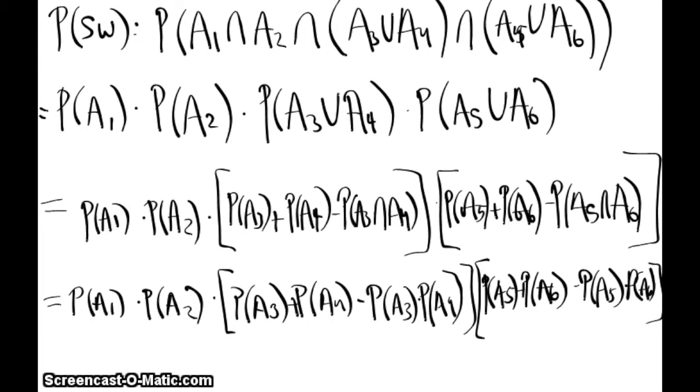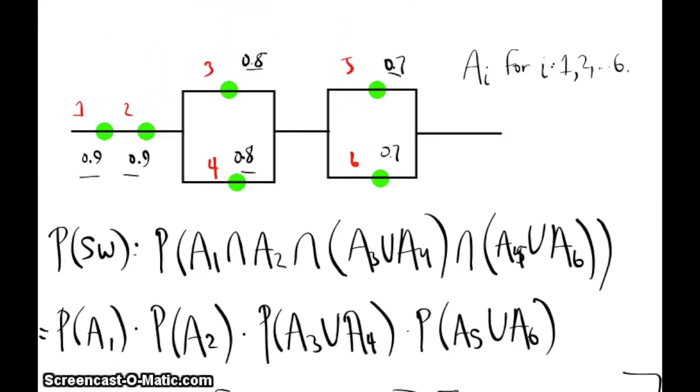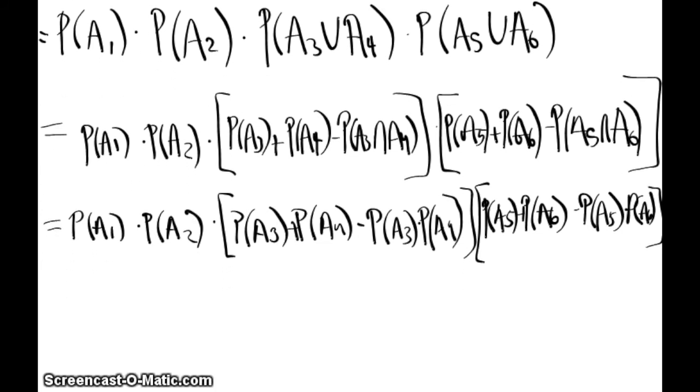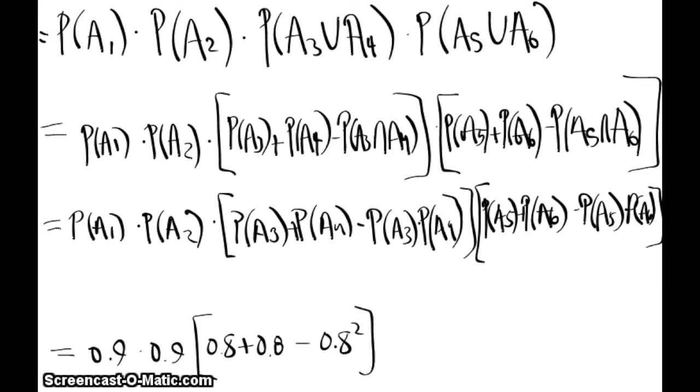So now going back up and looking at the probabilities for each component, we can plug in all of these numbers and we end up getting 0.9 times 0.9 times the quantity 0.8 plus 0.8 minus 0.8 squared, times the quantity 0.7 plus 0.7 minus 0.7 squared.